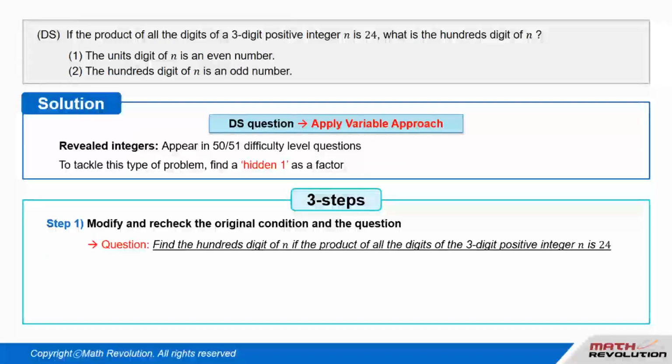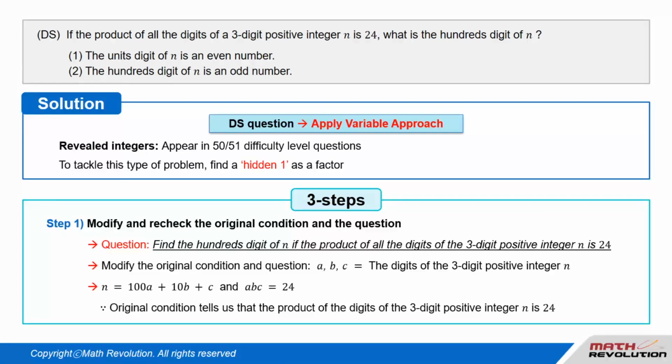Follow the first step of the variable approach by modifying and rechecking the original condition and the question. We have to find the hundreds digit of n if the product of all the digits of the three-digit positive integer n is 24. Let's modify the original condition and question.